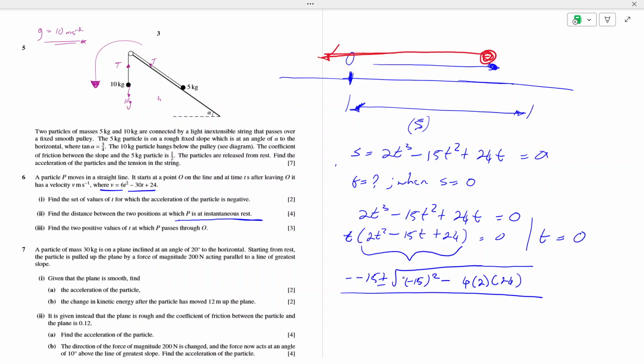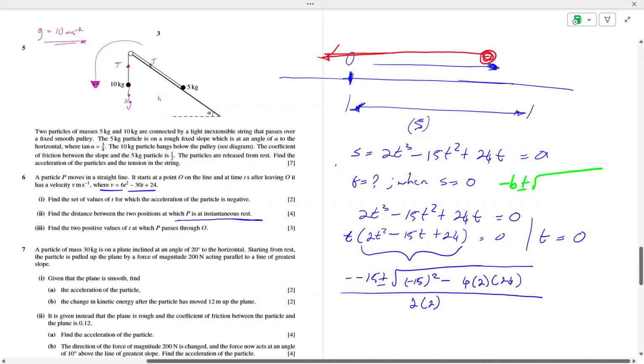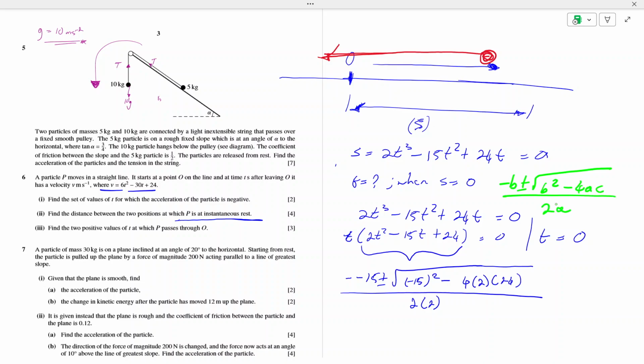Then you divide that by 2a. This is from the quadratic formula, which says minus b plus or minus the root of b squared minus 4ac, over 2a. That is what I used here.